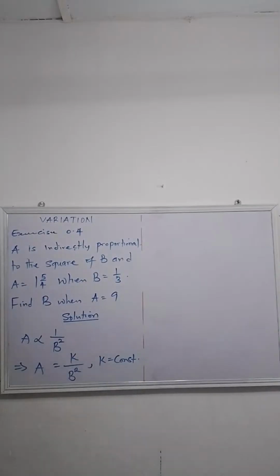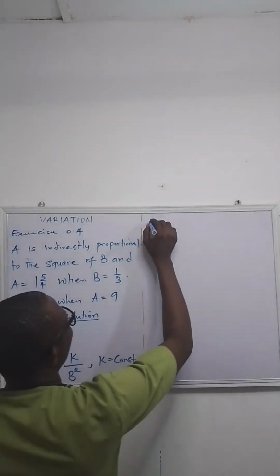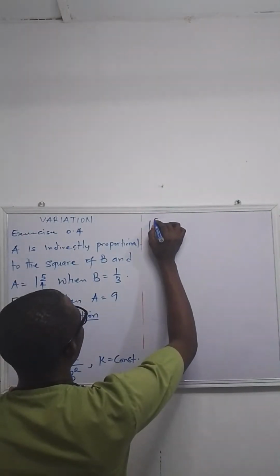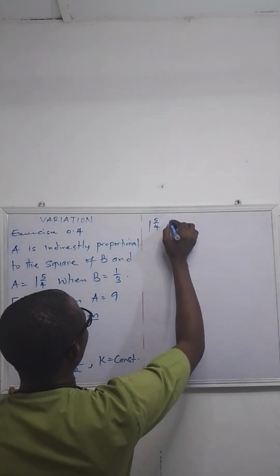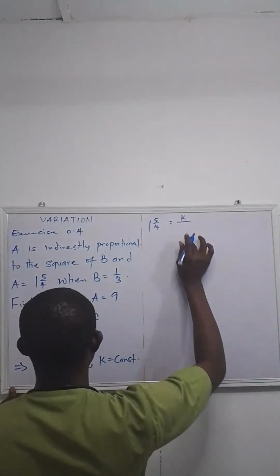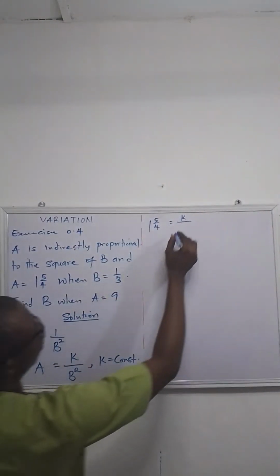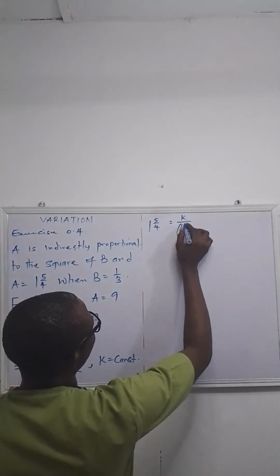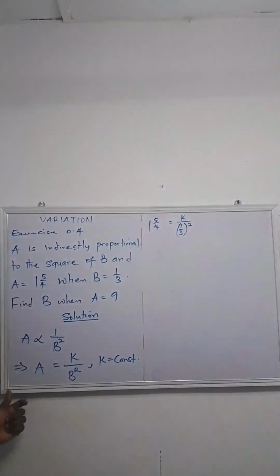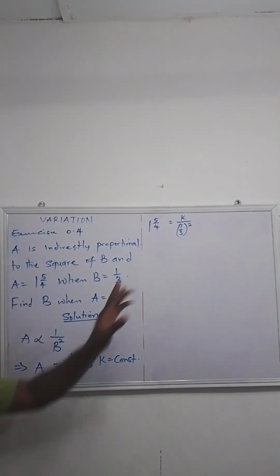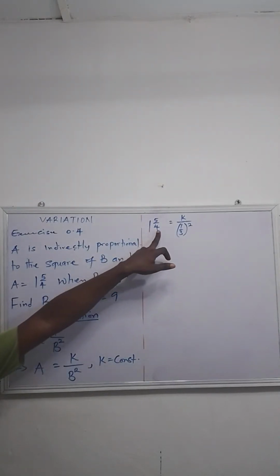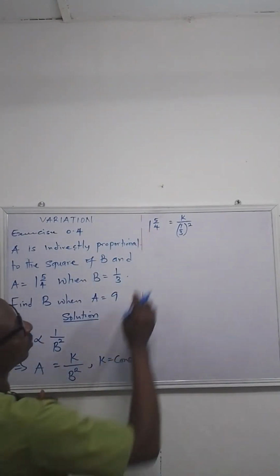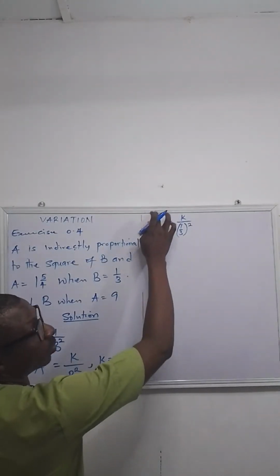All right. So here, now we can plug in the value of A and B. So A is 1 whole number 5 over 4 equals K over, now B is 1 over 3 squared. Do you get that now? So now let's express this one as an improper fraction. That's 4 times 1, 4 plus 5.